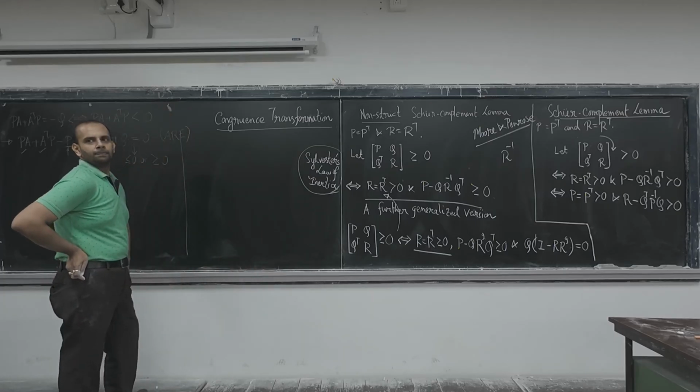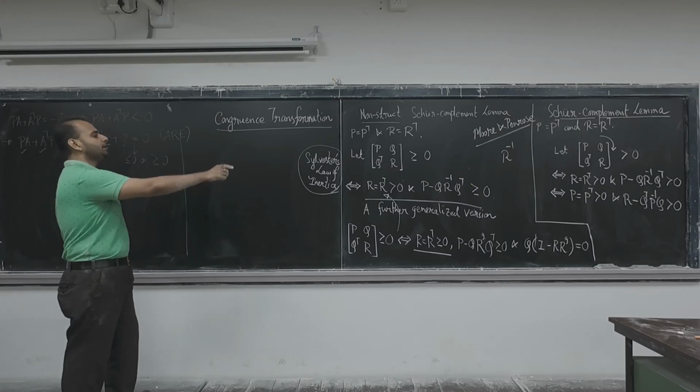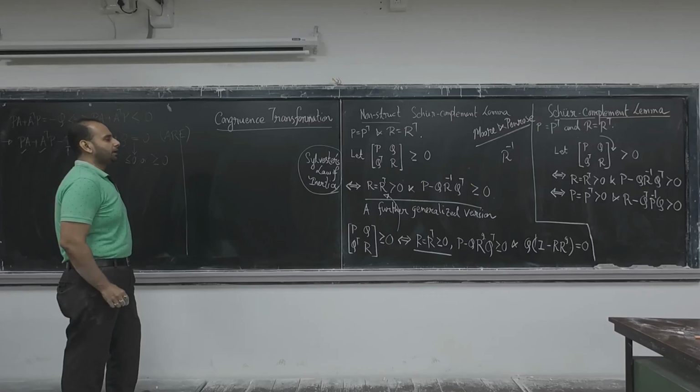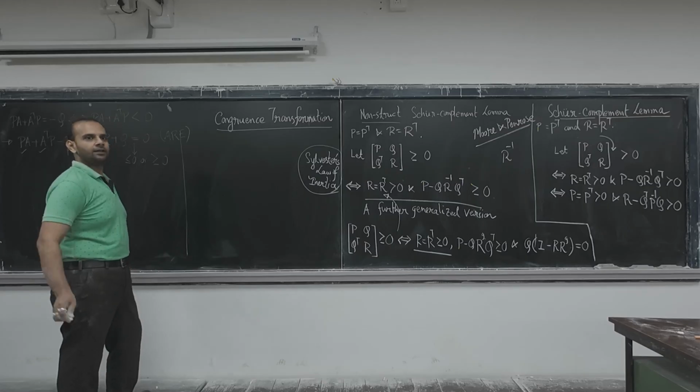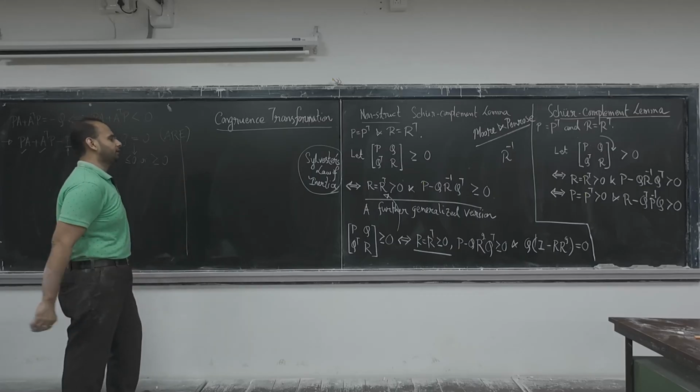As far as I can remember, it is in Strang's book, but he didn't teach us that. It is there, I think at the end of chapter 6 or chapter 5. Congruence transformation is there, and after that Sylvester's law of inertia, because these two are connected.